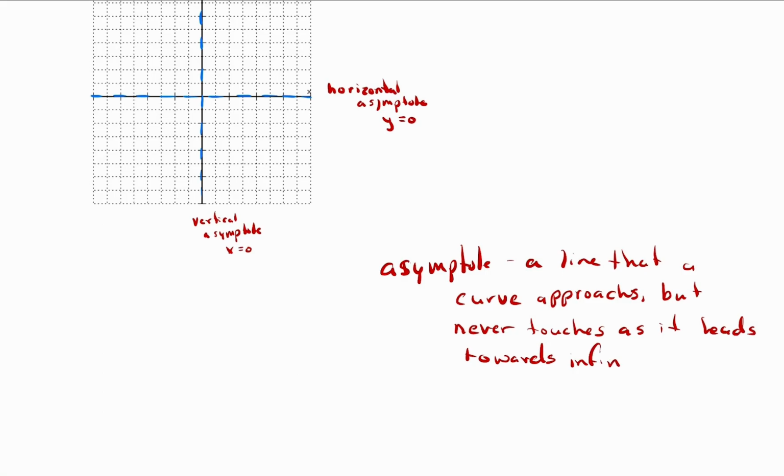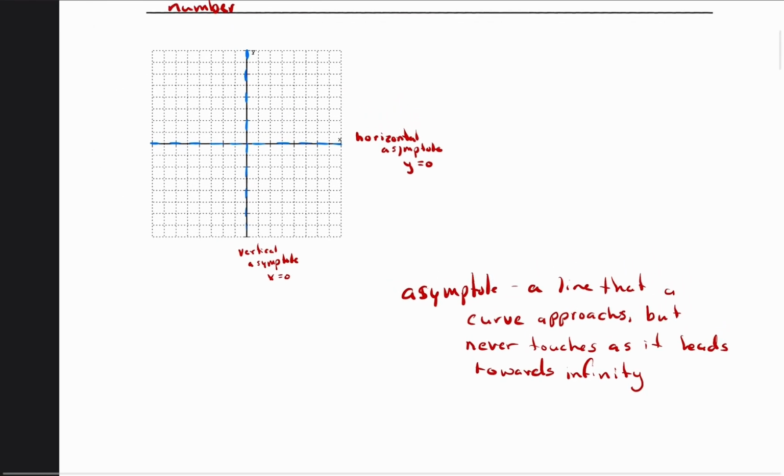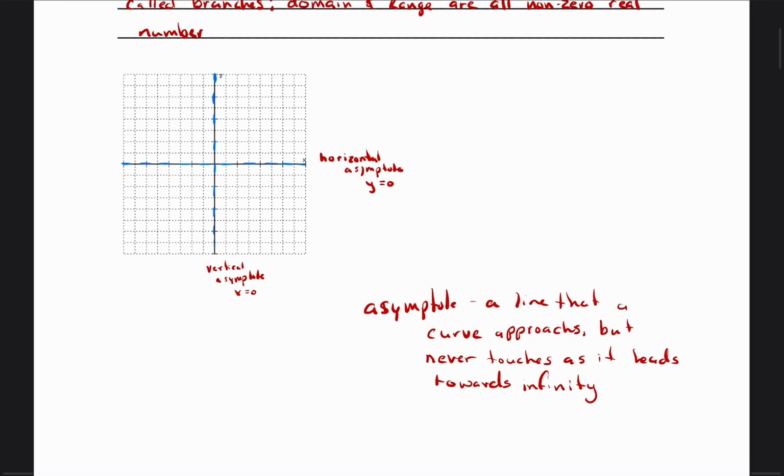So as we get really, really big or really, really small, the graph is going to get very, very close to it, but it's never going to cross it.